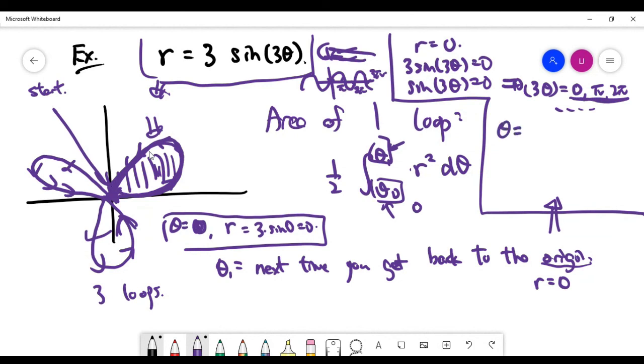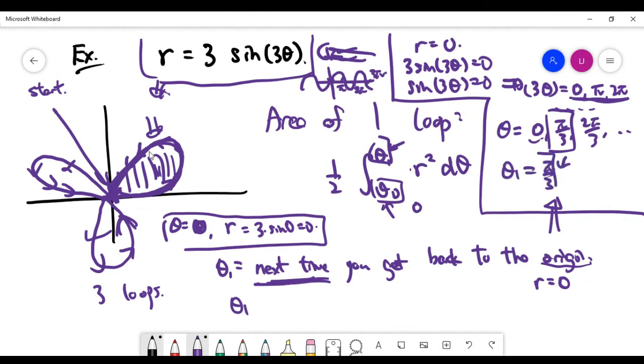It means in terms of theta, there are infinitely many solutions for the angles from zero, and we only care about the next time it goes back to 0 again, as I emphasized. So theta 1, based on what we learned here, should be pi over 3, the second time we go back to 0.